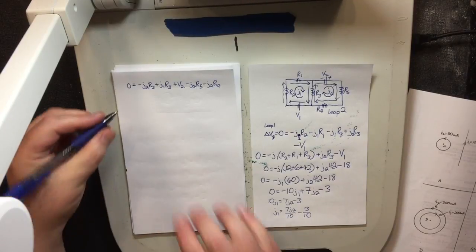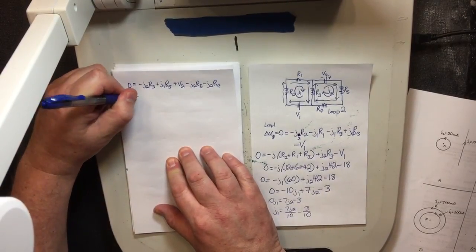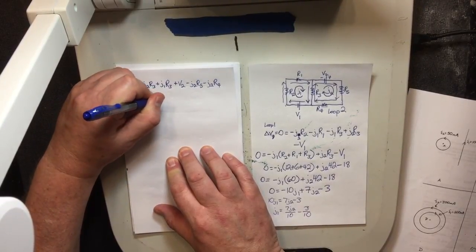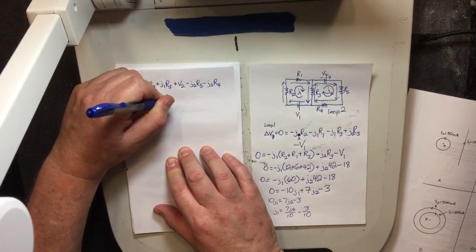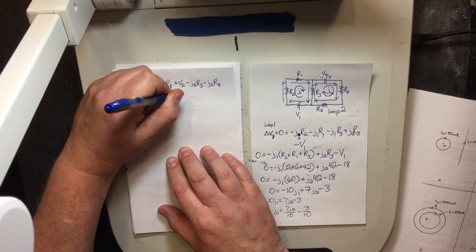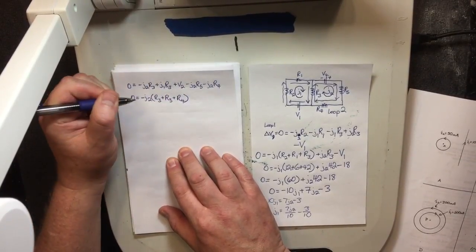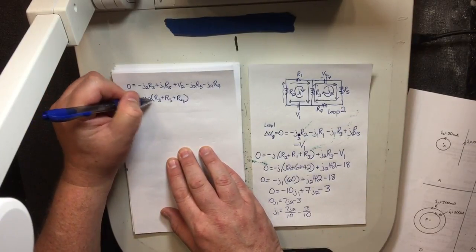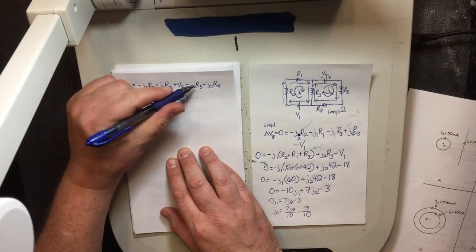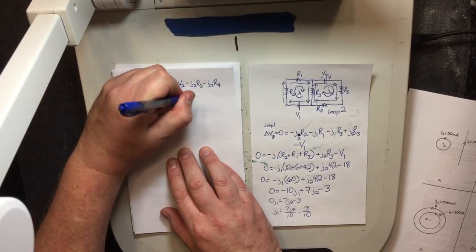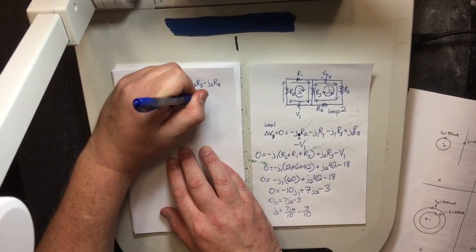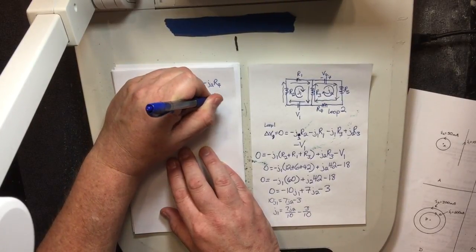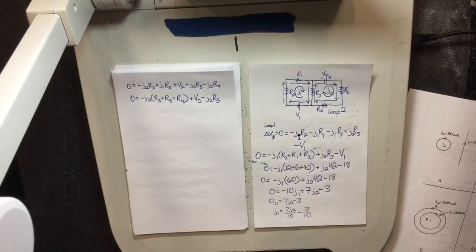Once again, factor. J2 R3, J2 R5, J2 R4 plus V2.